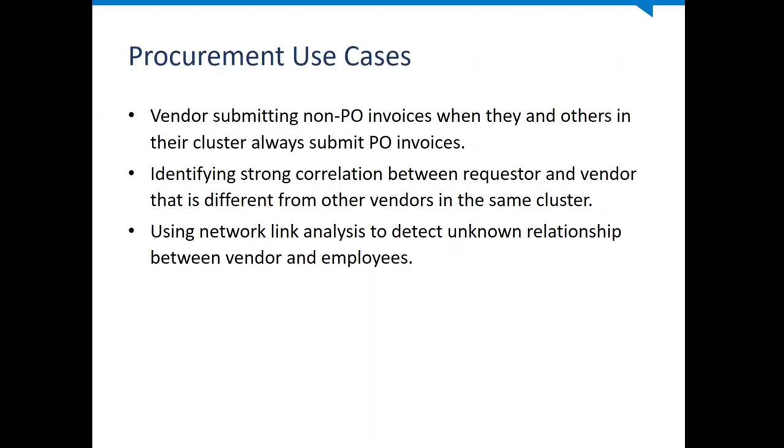Using network analysis, you can detect unknown relationships between vendors and employees. So again, this is looking at direct and indirect relationships, so it doesn't have to be a one-for-one. All right, a quick example of that is you could have an employee that's approving duplicate transactions for a particular vendor.